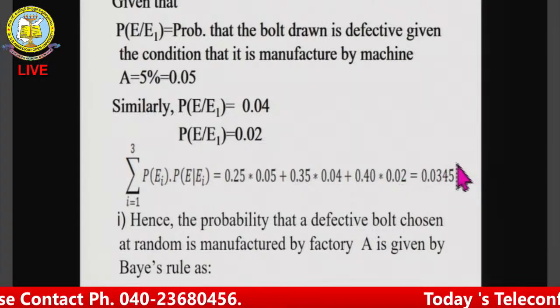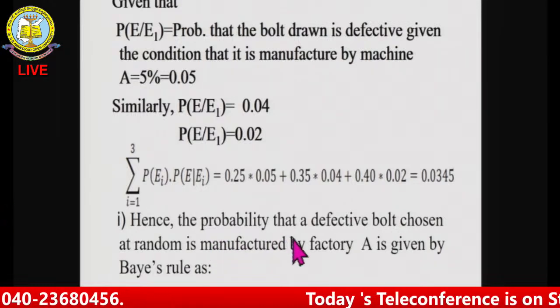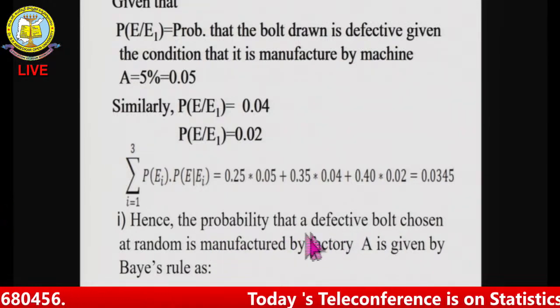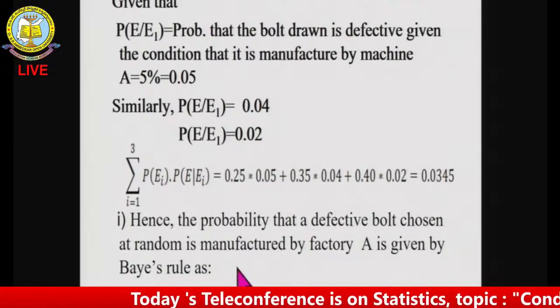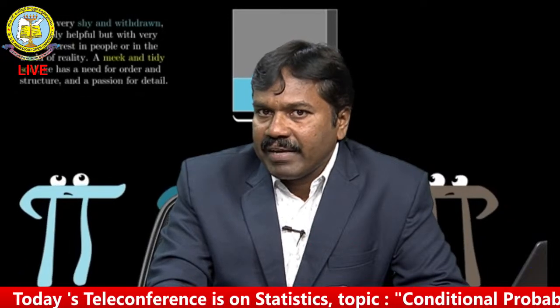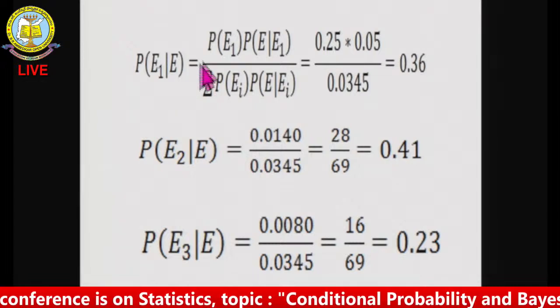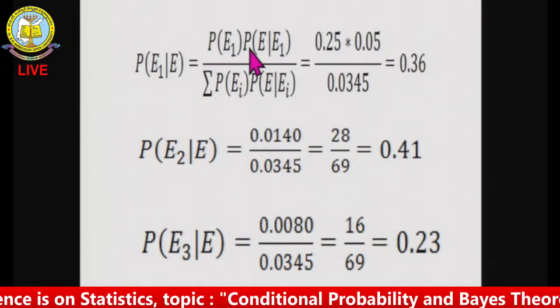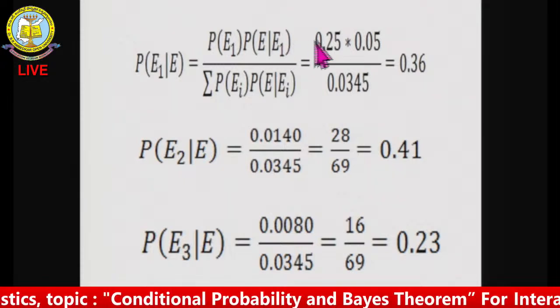After getting this total probability, I would like to find out what the question is asking. Hence the probability that a defective bolt chosen at random was manufactured by machine A is given by Bayes rule. We know probability of E1 given E is probability of E1 times probability of E given E1, divided by the total.